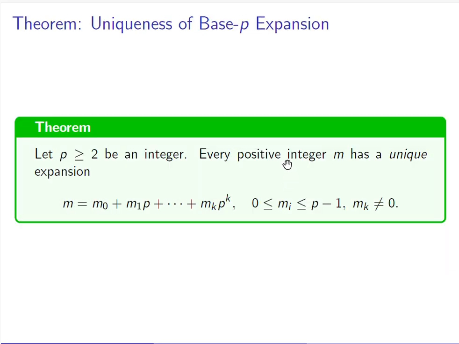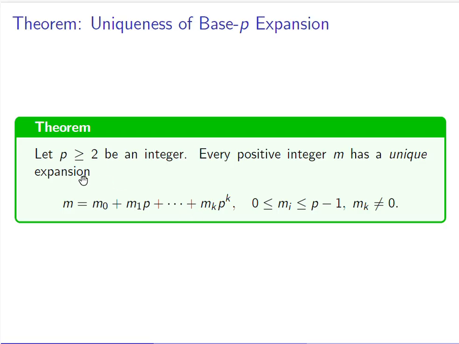Okay, I think that we are ready now to prove, okay, not quite ready. So let's discuss base p expansion. Here p is not necessarily prime. Just take any positive integer p greater than or equal to 2. Then if you give me another positive integer m, this integer has a unique expansion in base p.